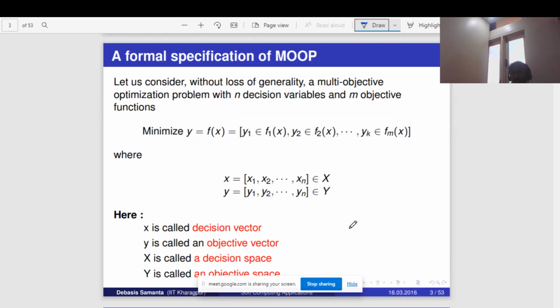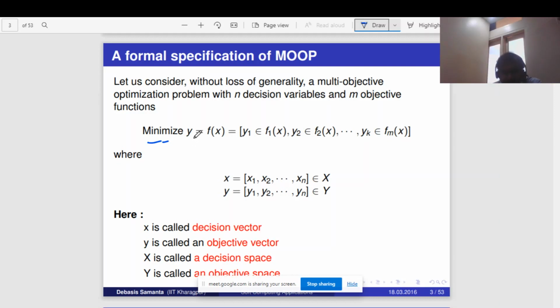So this is a formal definition, and we are representing it like this. This is a formal mathematical definition, but here we are mentioning only minimize. You may ask, why are we only mentioning minimize, because actually the objective function can be either minimization or maximization?